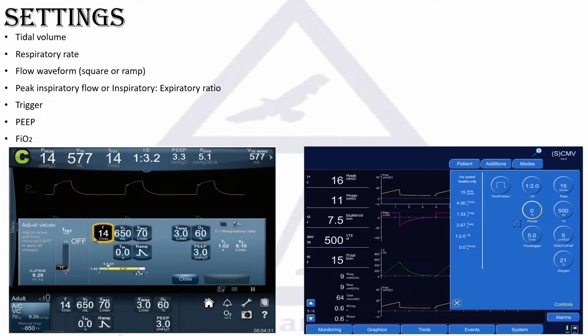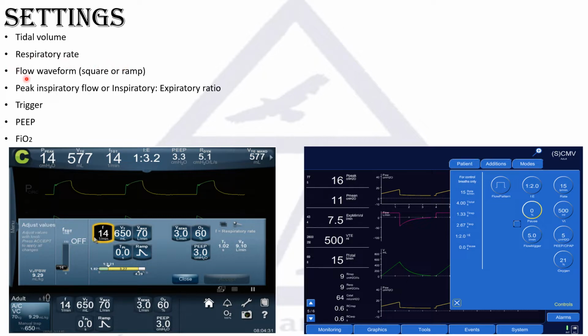So when we set the settings of volume controlled ventilation, we usually set tidal volume, respiratory rate, and the minimum respiratory rate if the patient is passive. Of course, if the patient is active and breathing above the set rate, it will give the rate that the patient can trigger.